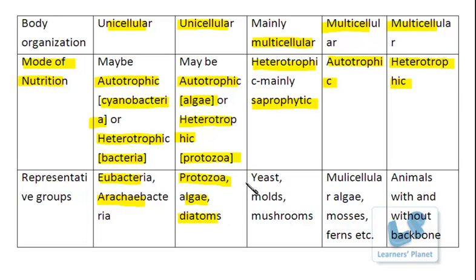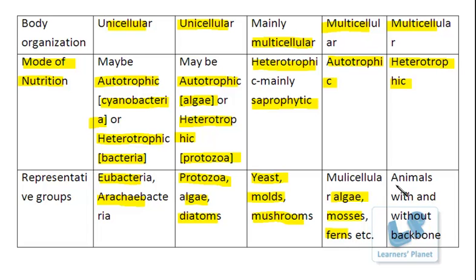For fungi, I can quote examples of yeast, molds, and mushrooms. Yeast is a microscopic group, and mold and mushroom are macroscopic groups. The Plantae group is multicellular and includes algae, mosses, ferns, flowering plants, non-flowering plants, seed-bearing plants, and so on.